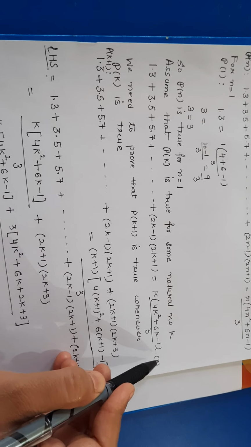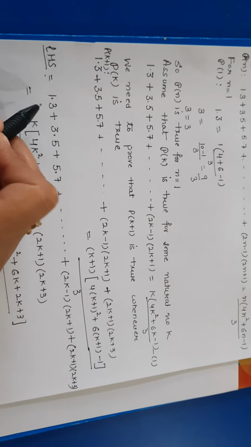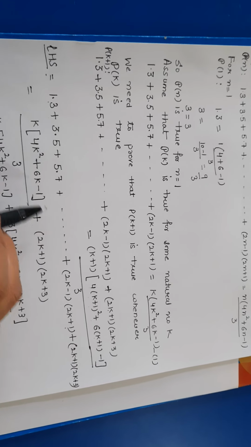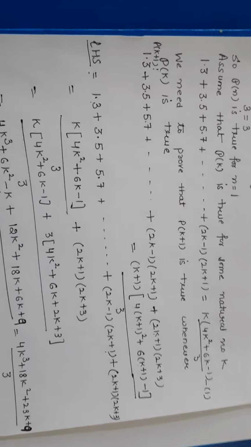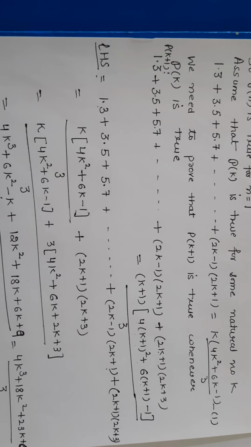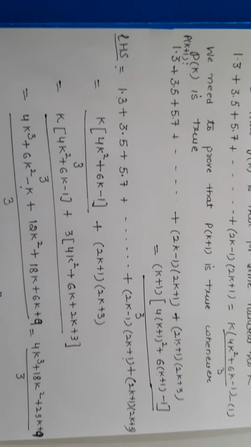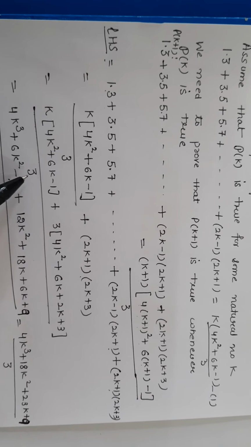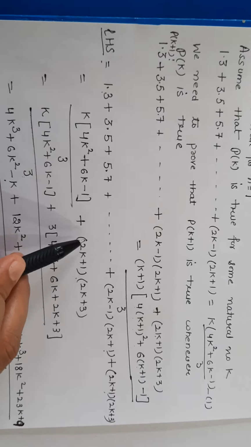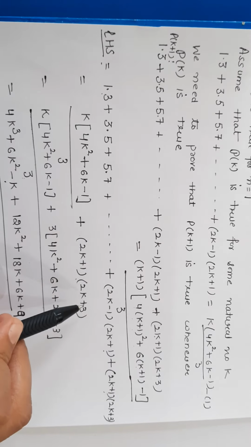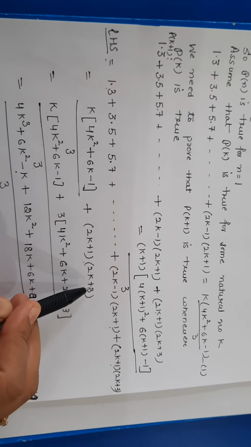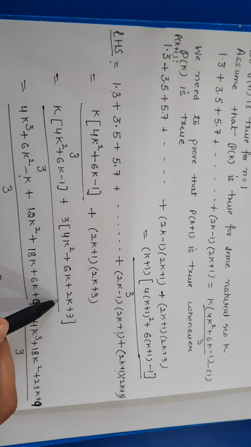First we'll simplify left hand side, for which we write our left hand side again. Now using equation number 1, the sum of these k terms is k into 4k square plus 6k minus 1 divided by 3, plus last term as it is. Now take LCM. LCM is 3. If you multiply these two terms, we'll have 4k square plus 6k plus 2k plus 3.